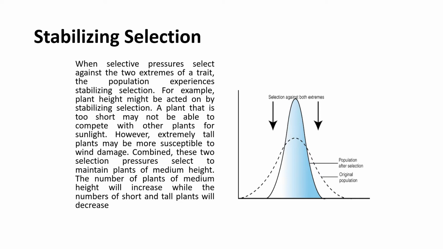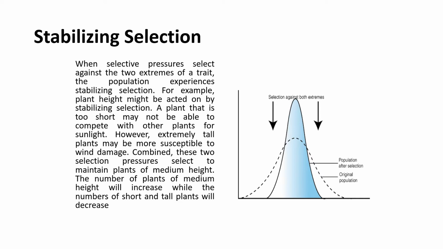So let us see the graphical representation of stabilizing selection. You can see a bell curve here. One you can see in dotted lines, and another in a full line. The dotted line shows the original population and the full line curve shows the population after selection.